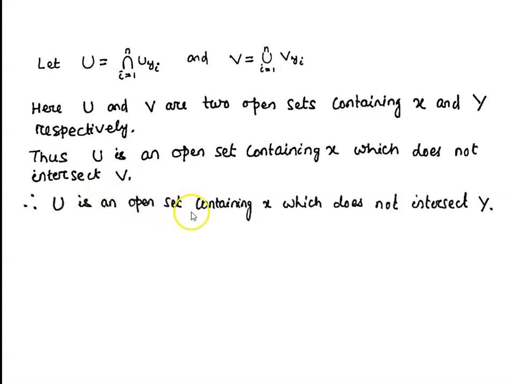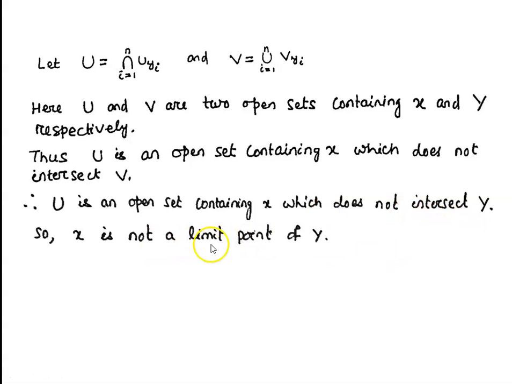So U is an open set containing x which doesn't intersect Y, because Y is a subset of V and U doesn't intersect V, so U doesn't intersect Y. So here we have an open set U containing the point x which doesn't intersect Y. So this point x cannot be a limit point of Y, because we have an open set containing this point x which doesn't intersect Y.